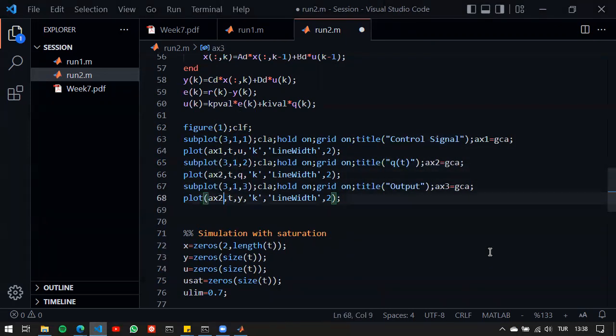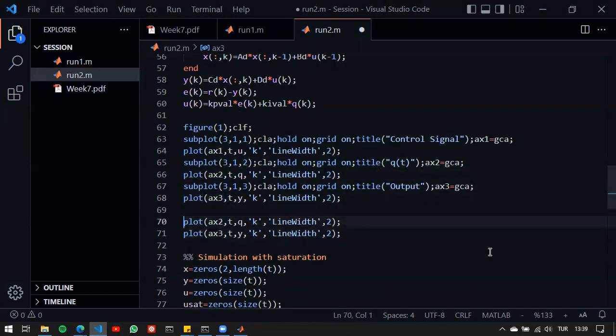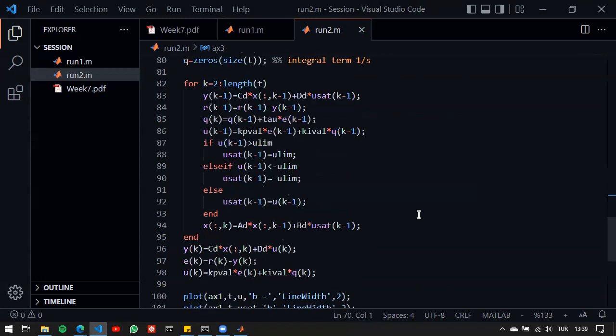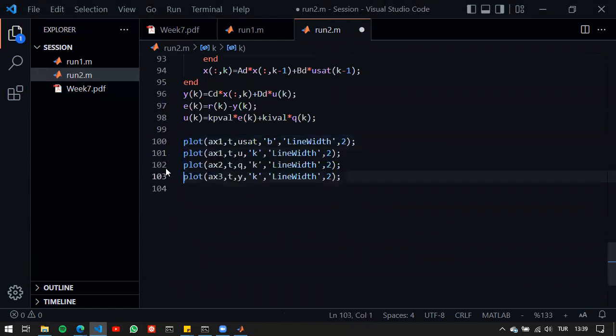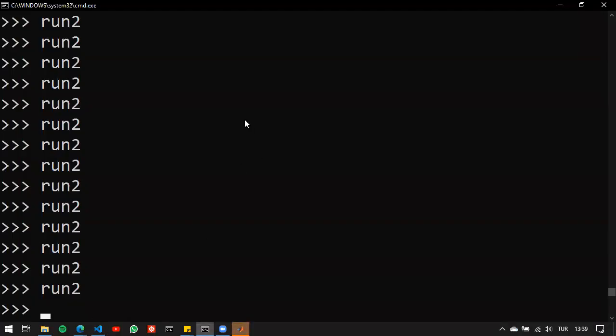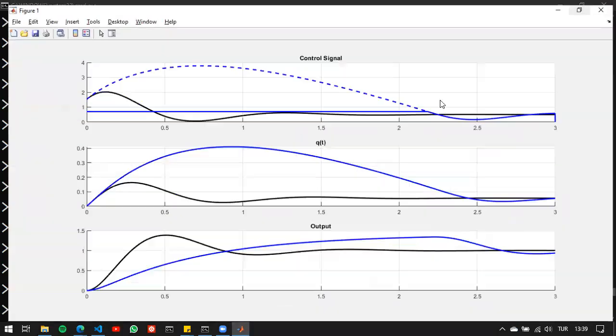So 2, 3. There we go. Now let's run it again and see what's really happening here.